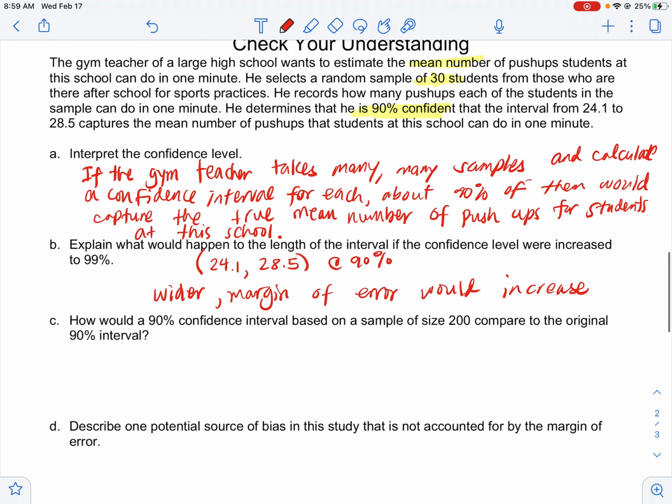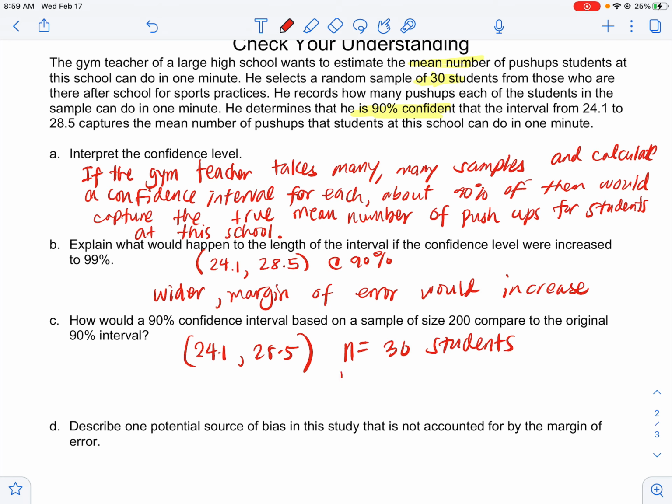Okay. How would a 90% confidence interval based on a sample of size 200 compare to the original 90% interval? So right now, we have from 24.1 to 28.5, we're now talking about a sample with n equals 30 students.